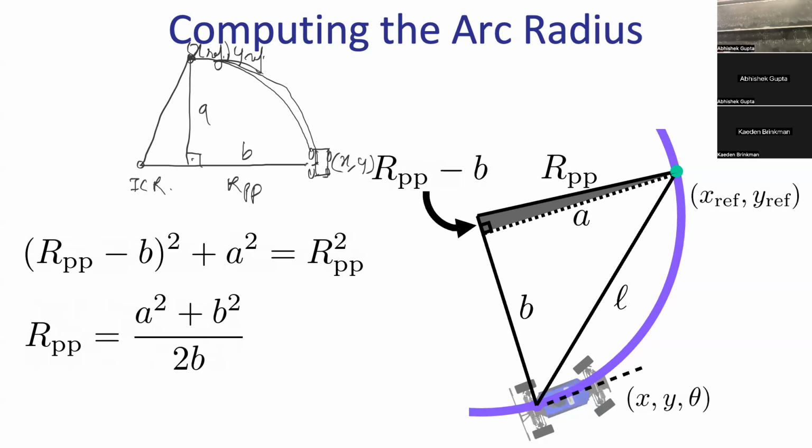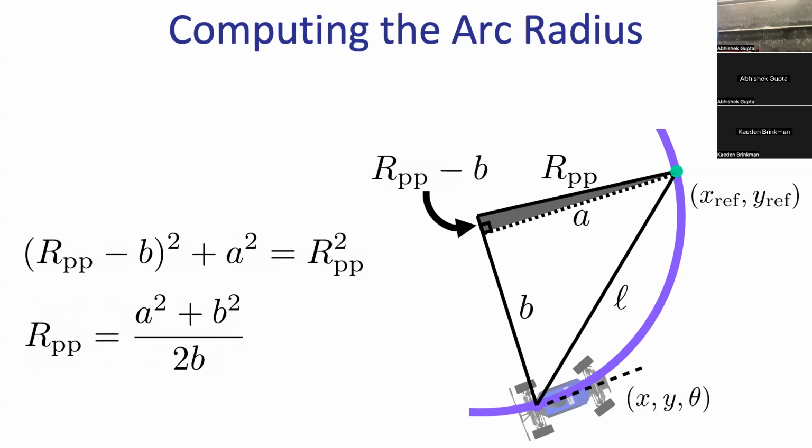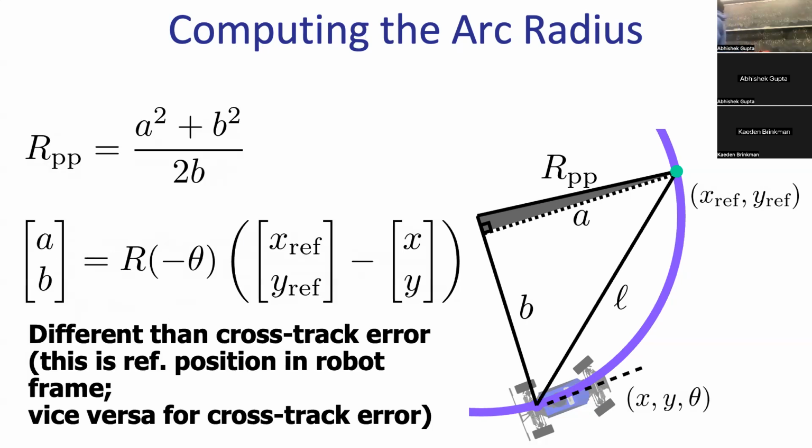Does it make sense? What we're going to do is convert it into a rotated frame. A and B are just the projections onto the difference in x's and y's. To work out what A and B are, we're going to use the idea of a rotation matrix, which we introduced in our lecture two lectures ago.